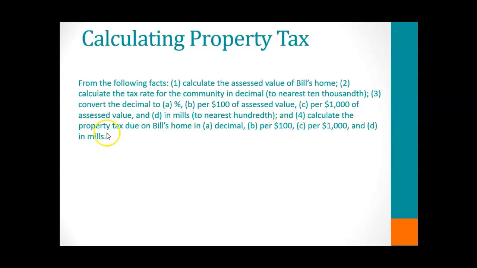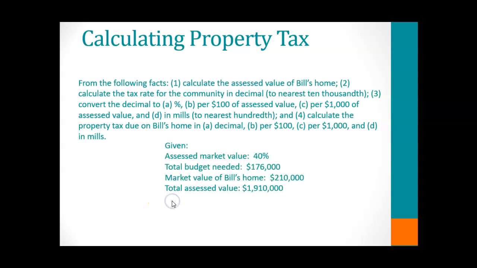Calculate the property tax due on Bill's home in decimals, per 100, per 1,000, and in mills. So we're going to figure out what would be the amount of property taxes Bill has to pay based upon the assessed value of Bill's property and the tax rate that's been assigned to Bill's community, which would be the county or city in which Bill actually resides.